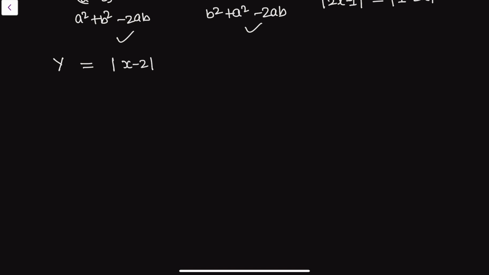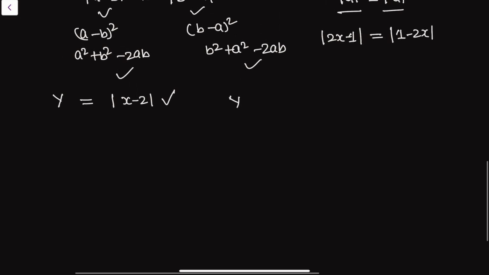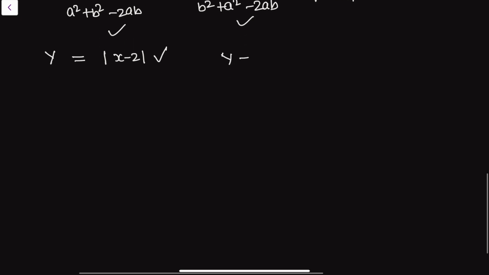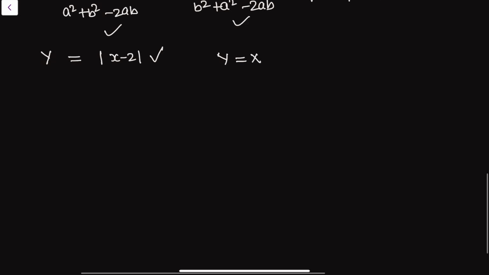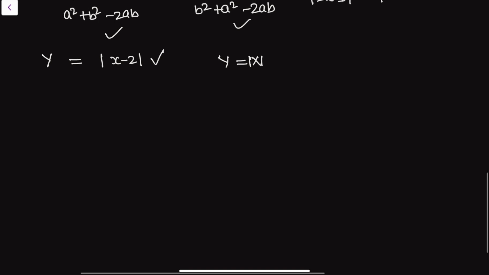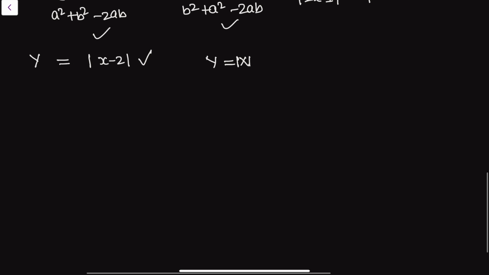So how is mod of x minus 2 related to y is equal to mod of x? Well, you can plot the graph of y is equal to mod of x minus 2 using transformation. So see what is the change from y is equal to mod of x to y is equal to mod of x minus 2.